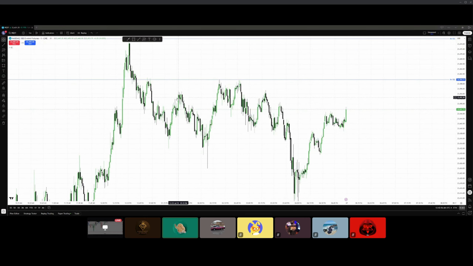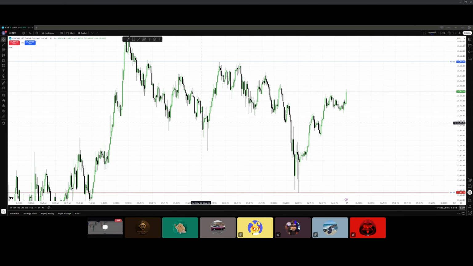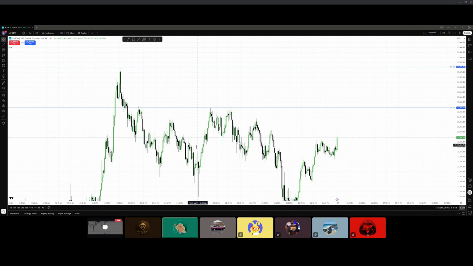We came up, took buy side, failed to take sell side, came up, took more buy side, right? But we failed to take buy side up here. Came back down, took sell side here, came up, failed to take buy side, came down, took sell side, failed to take buy side, came down, took sell side, right? Came down, failed to take the next sell side liquidity down here. What did we do? We came back up and took buy side.